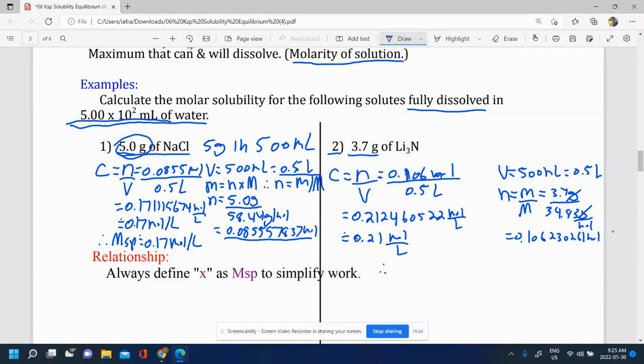So therefore, the molar solubility is equal to 0.21 moles per liter. And this is to 2 significant digits or significant figures.